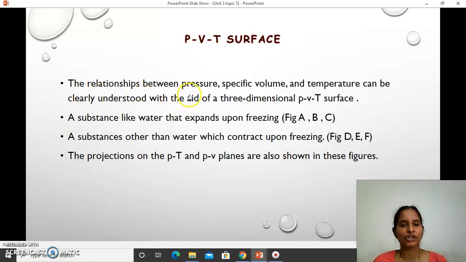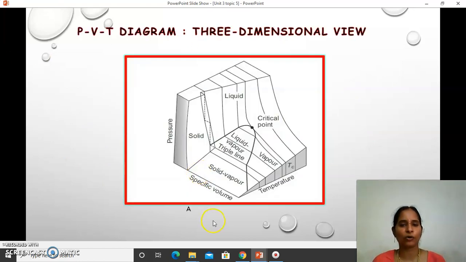Here the relationship between pressure, specific volume and temperature can be clearly understood with the aid of a three-dimensional PVT surface, for a substance like water that expands upon freezing. Now the projections on the PT and PV planes are shown together at this point. So here it is very good now.